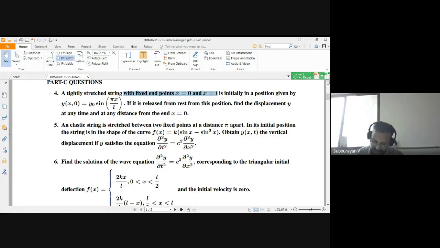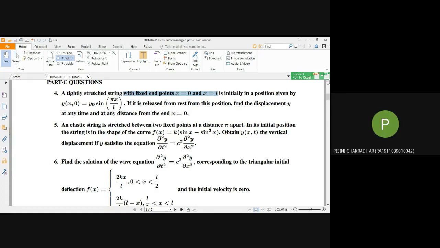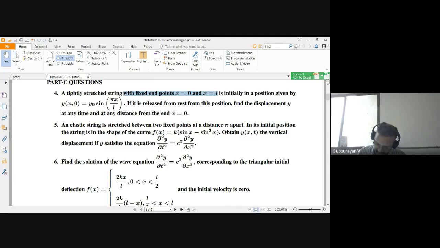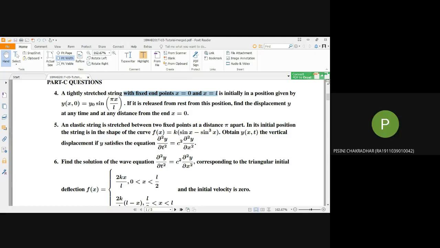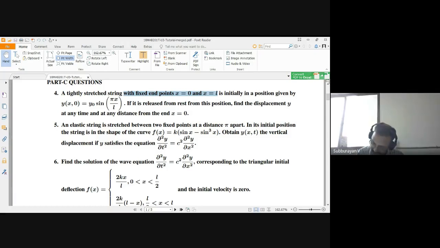Now compare: b1 equals k by 4, b2 equals 0, b3 equals k by 4, and b4, b5 everything is 0. In general, bm equals 0 for m greater than or equal to 4. We have only two non-zero constants, b1 and b3.